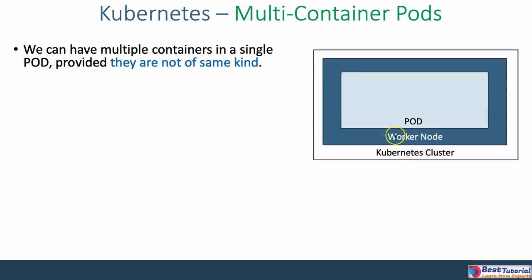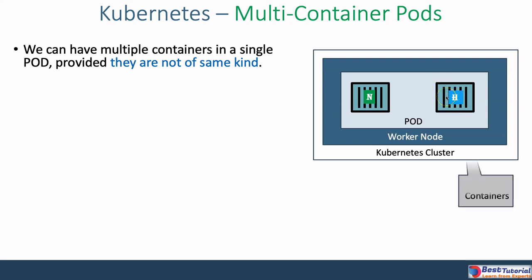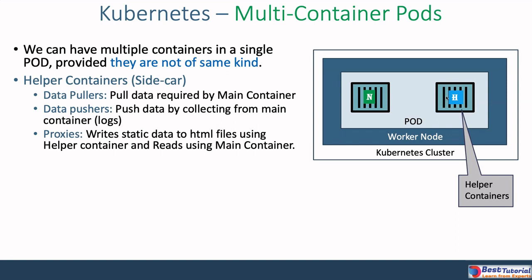For example, in this worker node you have a pod with an Nginx container serving static content or acting as a proxy, and you have one more container, which is called the helper container. They do the helper jobs here. In Kubernetes terms, we call these sidecar containers.